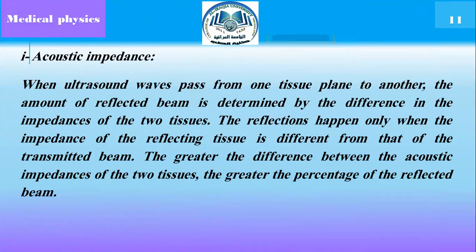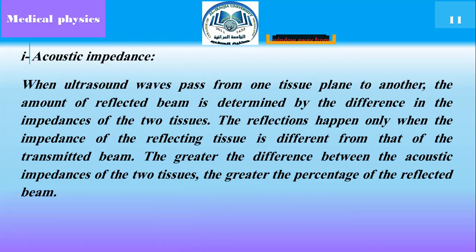The reflection happens only when the impedance of the reflecting tissue is different from that of the transmitted beam. The greater the difference between the acoustic impedance of two tissues, the greater the percentage of the reflected beam.